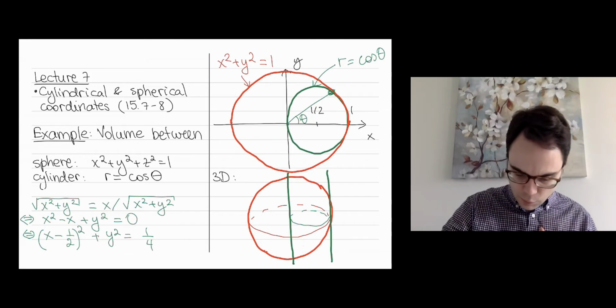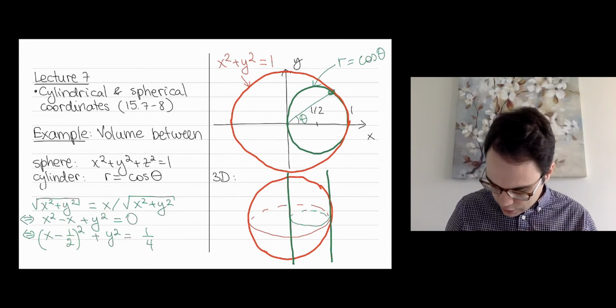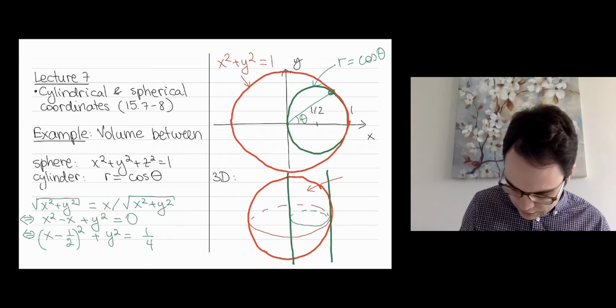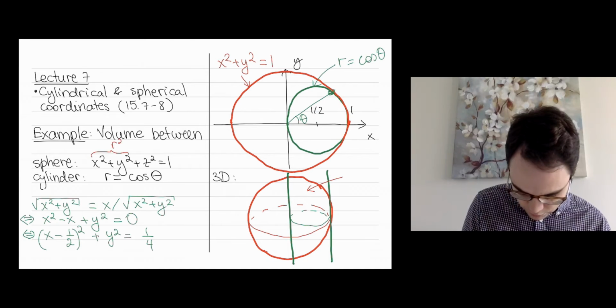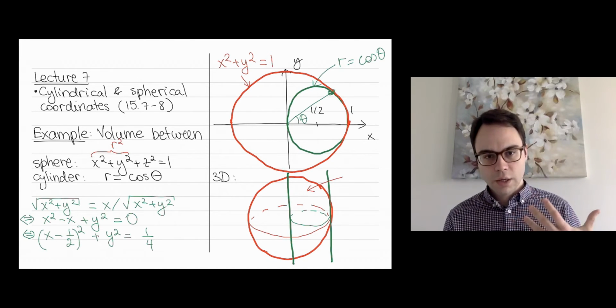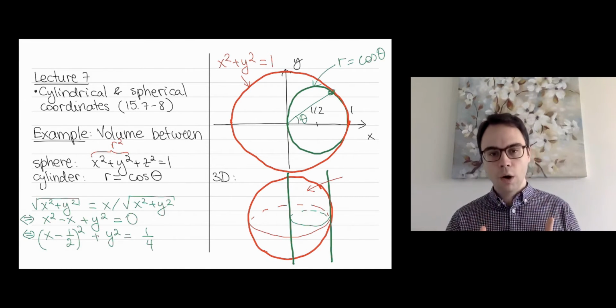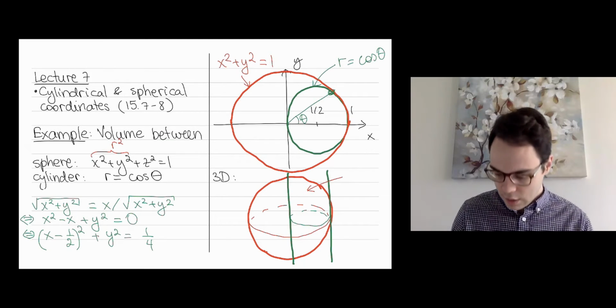There are 2 intersection points with the sphere. The sphere can be rewritten as x squared plus y squared, so this is r squared, plus z squared equals 1. So if I know r, there are 2 possible values for z.